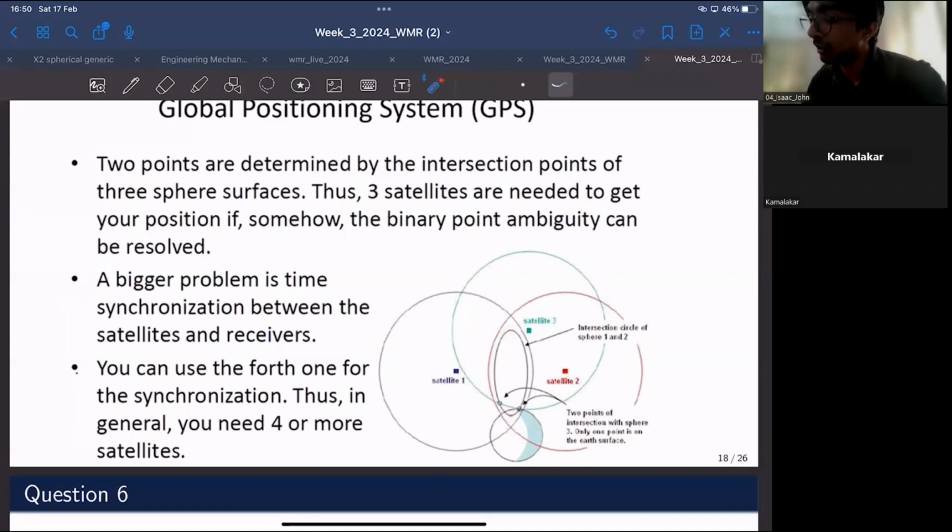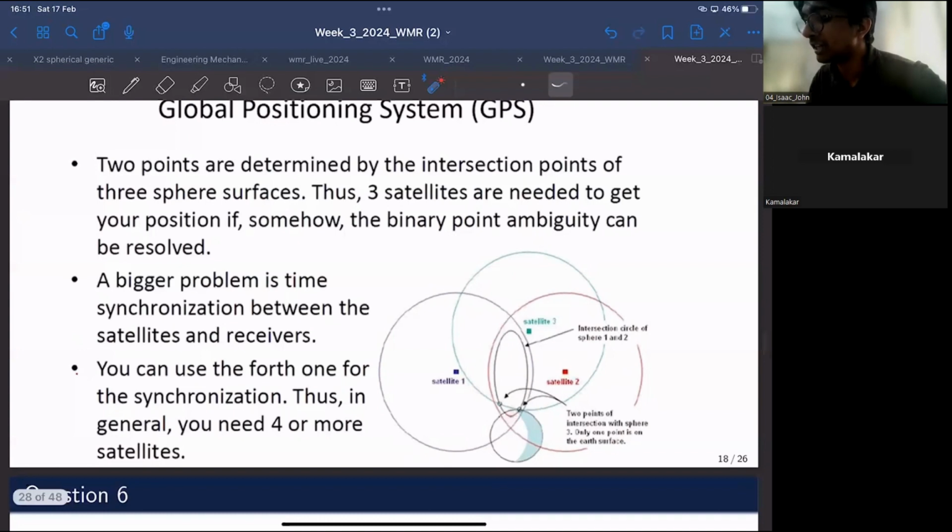Using a signal from a fourth satellite, just to synchronize the time, you can eliminate the point that is not on Earth. From the data of the fourth satellite, you can exactly pinpoint the correct point of intersection. So 3 satellites will not be enough, because 3 satellites will give you 2 possible positions, and you require one more satellite to finally pinpoint the final location.